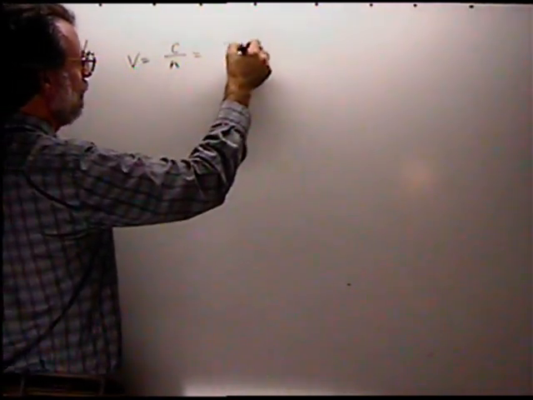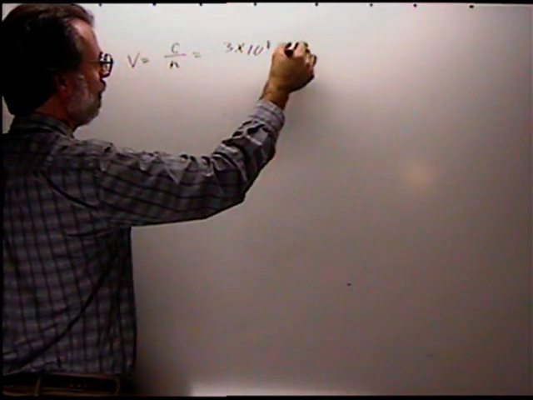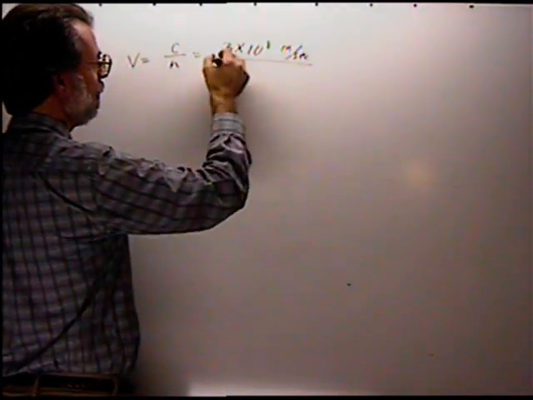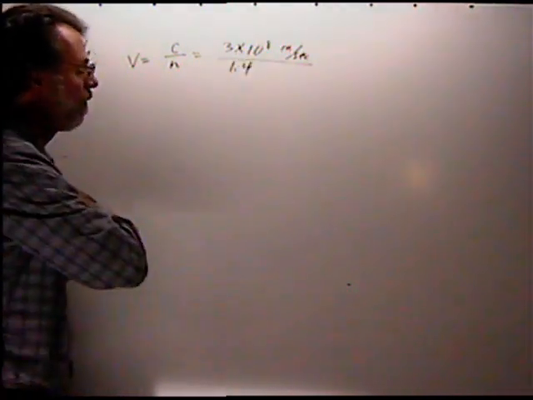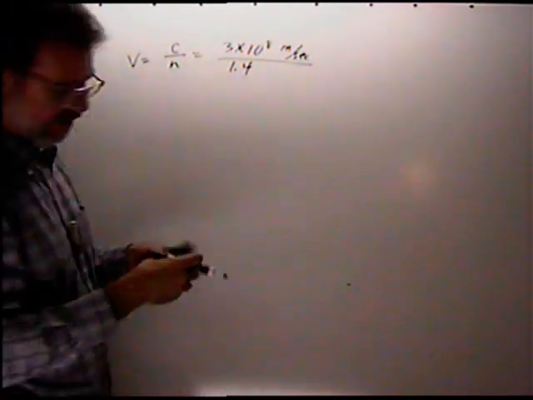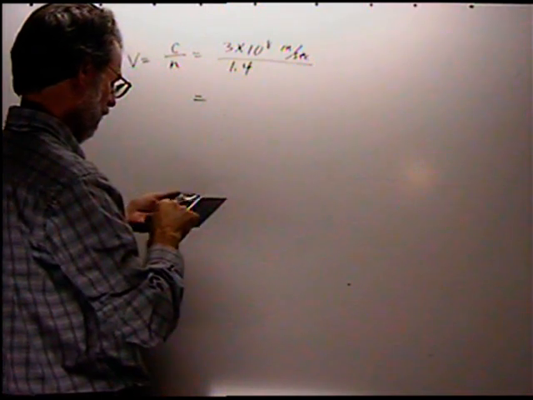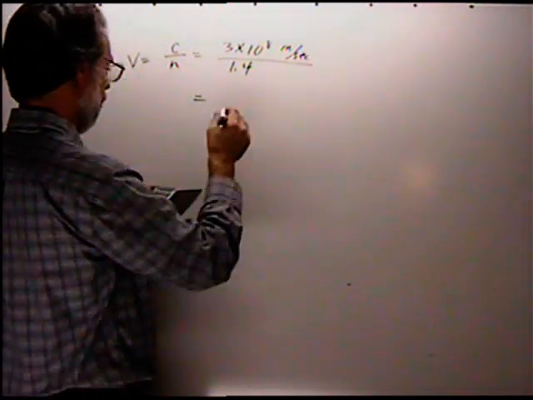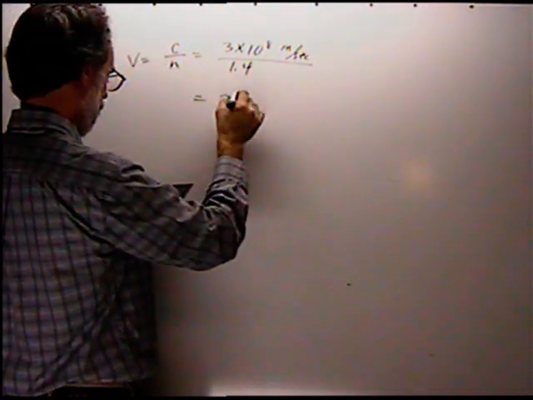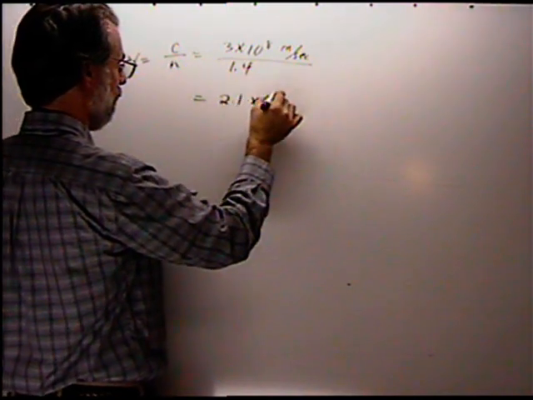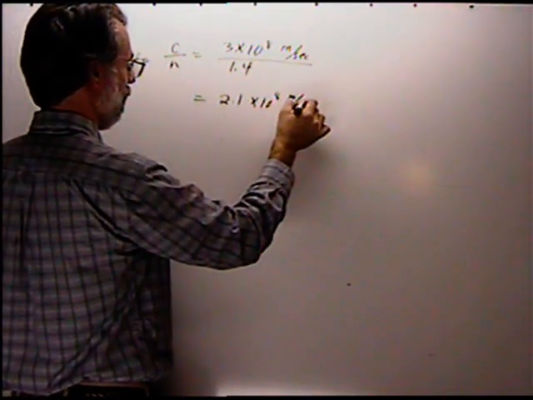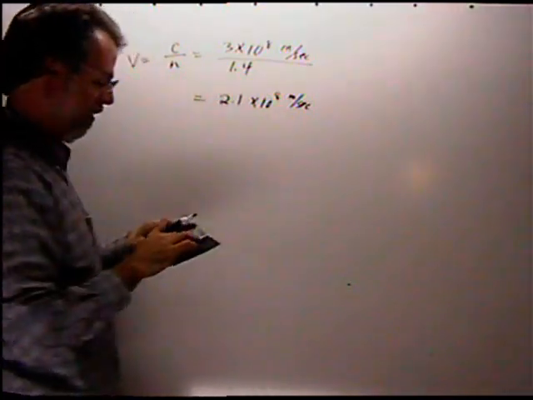So it'll be 3 times 10 to the 8th meters per second divided by 1.4. So that would simply be 3 divided by 1.4, which is 2.1 times 10 to the 8th meters per second. So it's slower.